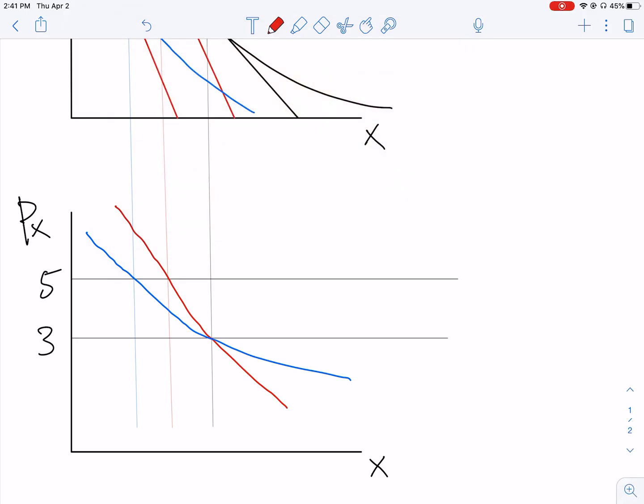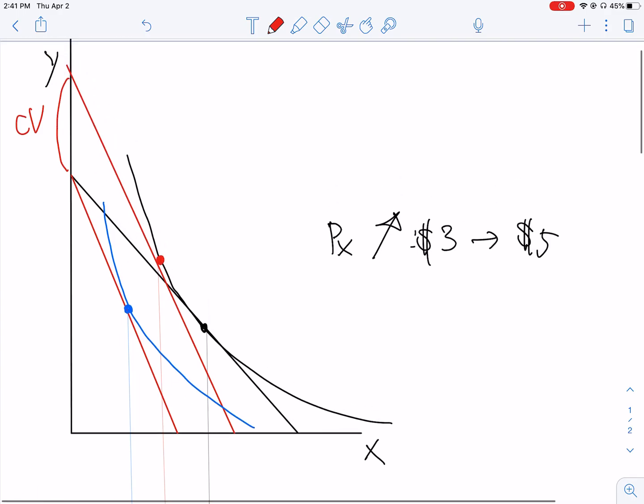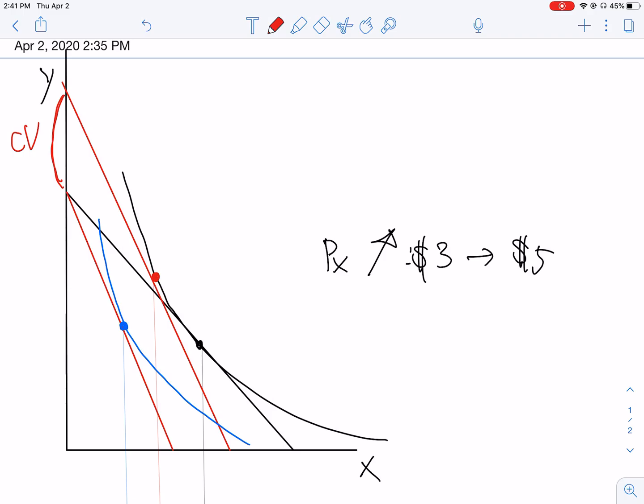So this red one is called a compensated demand curve, of course, because when we think of this red dot, the income was compensated by the amount of the compensating variation, right? So this red dot is a hypothetical point, not a real point. You're compensating the income so that you're at the original utility level.